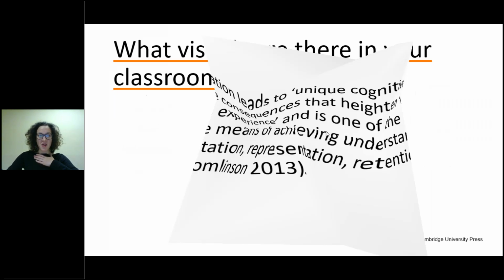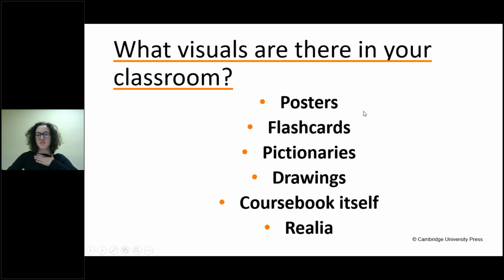Fine, let's move on. What visuals are there in your classroom? Posters, flashcards, Pictionaries, drawings, the course book itself, realia, and what else can be visuals? Actually, these can be students themselves, especially when you're learning new vocabulary, parts of the body: brown eyes, green eyes. When you're learning clothes, you can bring some food and so on.